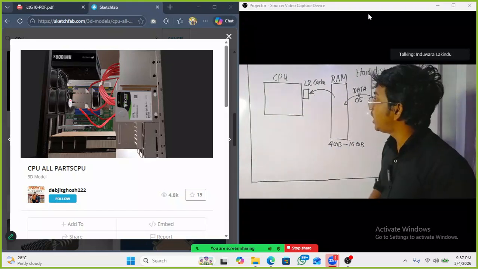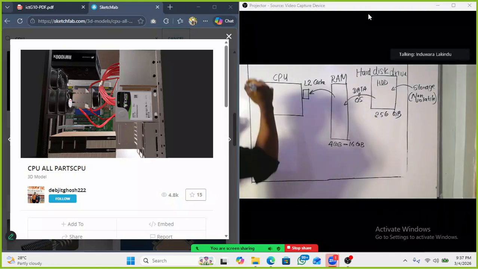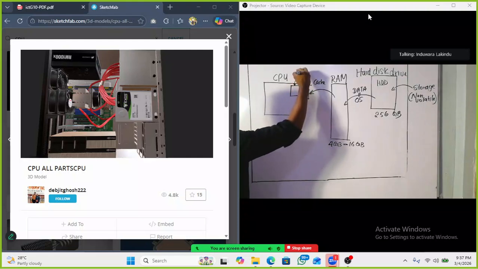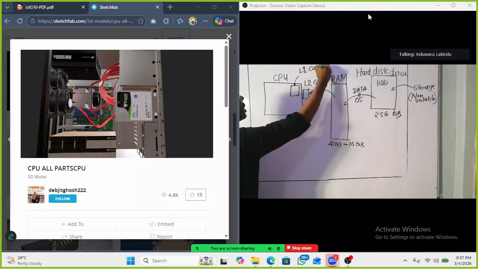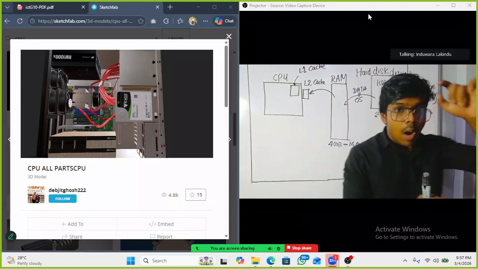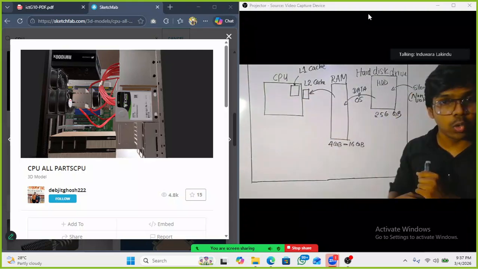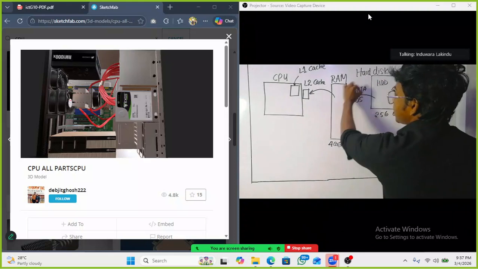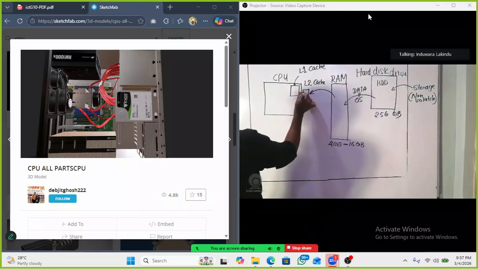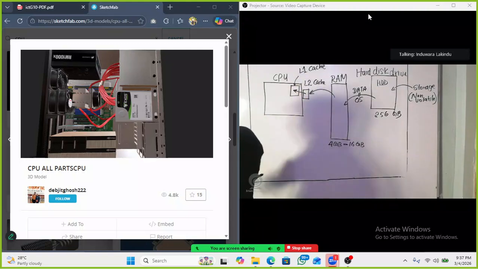So inside the CPU, we have another small memory called L1 cache, level 1 cache. It is holding what is sent by the L2 cache. So when the HDD sends data to RAM, RAM sends it to the L2 cache, and L2 sends it to the L1 cache.